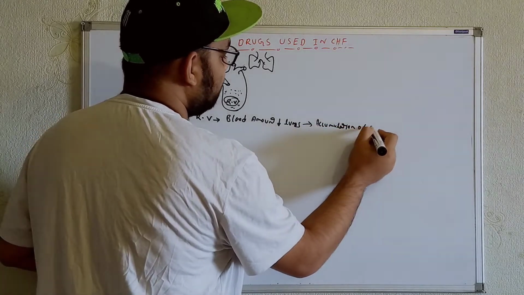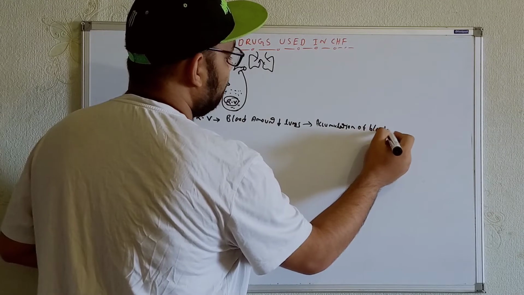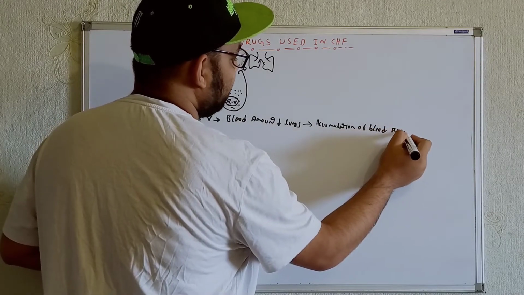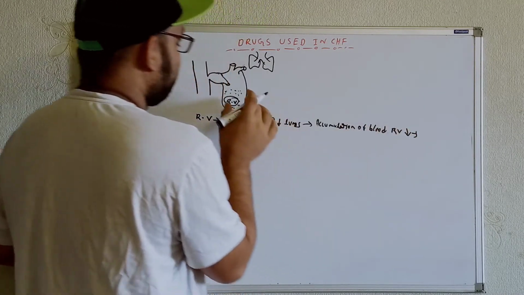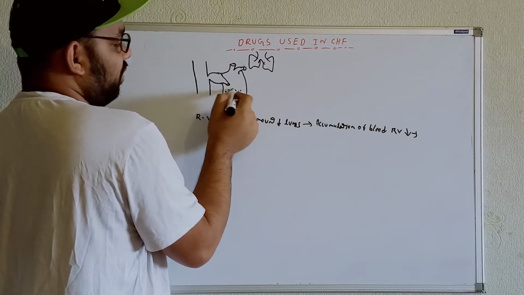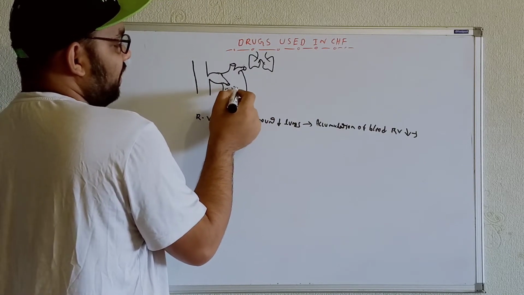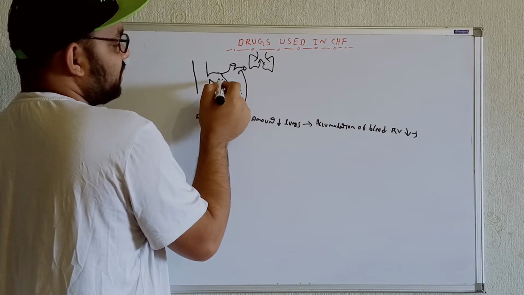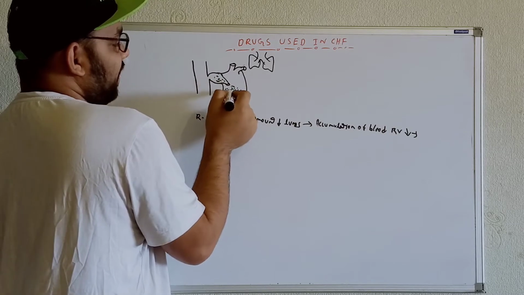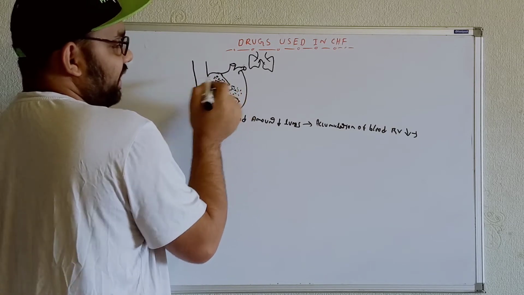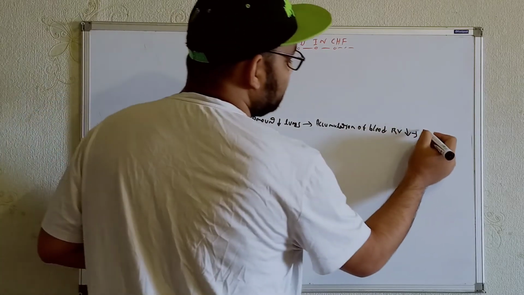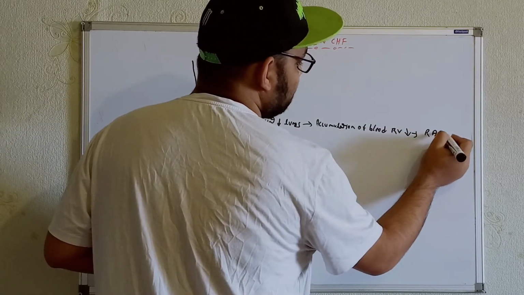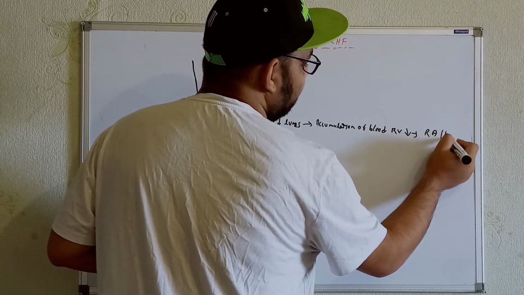Then if the blood is accumulated over here, with this over-accumulation, the blood will also start accumulating within the right atrium as well. So after that we will see the blood accumulation within the right atrium.